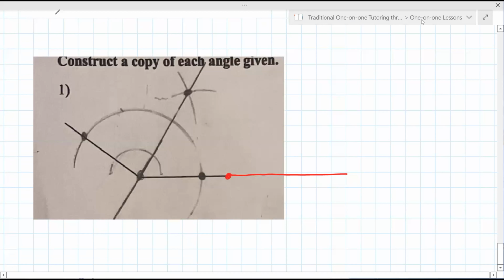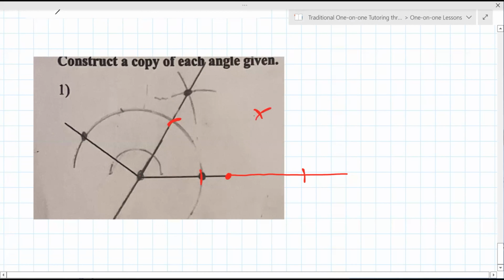Here we go. All right, so if you're seeing my screen, what is recommended is you extend one of the lines. Like if you imagine you had a ruler, you would extend this line, and then you create a dot here. And so you arc, you go back to the original one, you arc there, and then you also arc up here, I believe. Then you go back to where this dot is, and then you arc here.